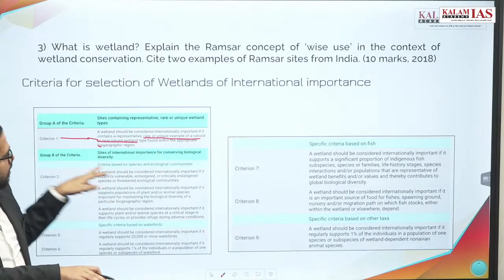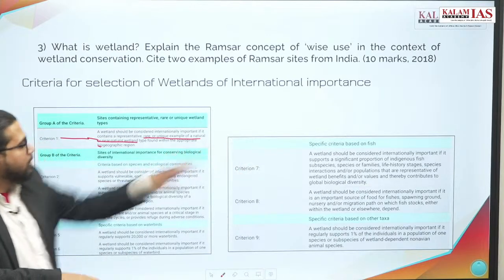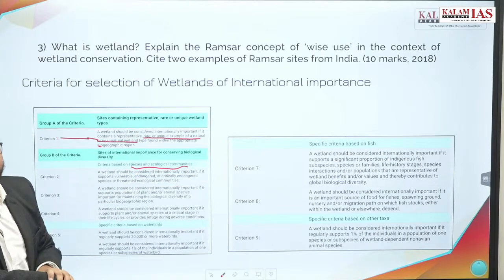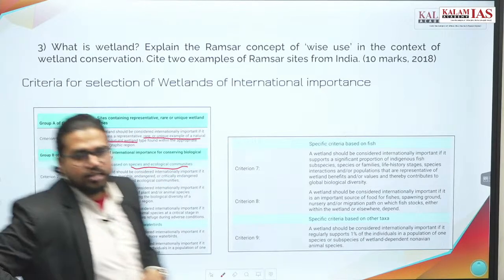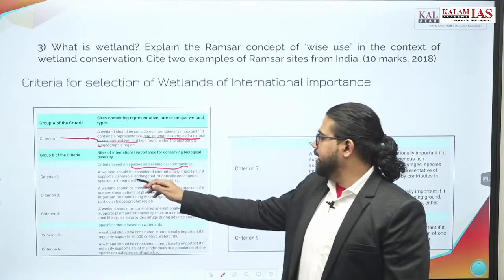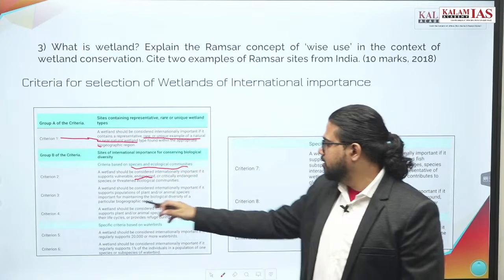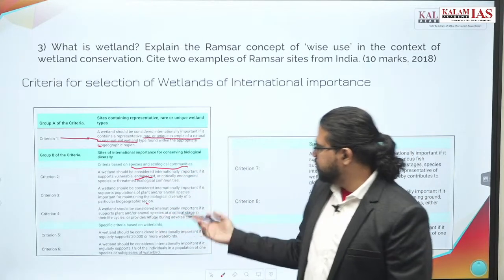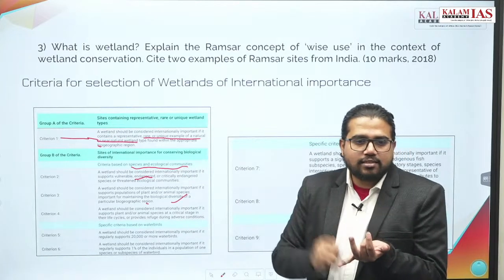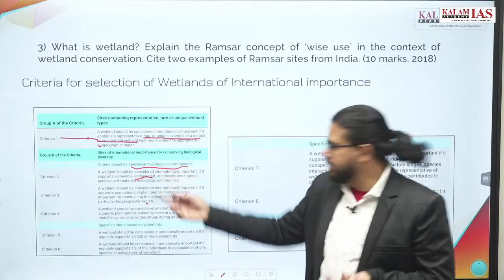Now the blue color criteria, you remember: based on species and communities, you can give the Ramsar site to a wetland. Community or species means some endangered, vulnerable, or critically endangered species are there. Then you can give it Ramsar site status.